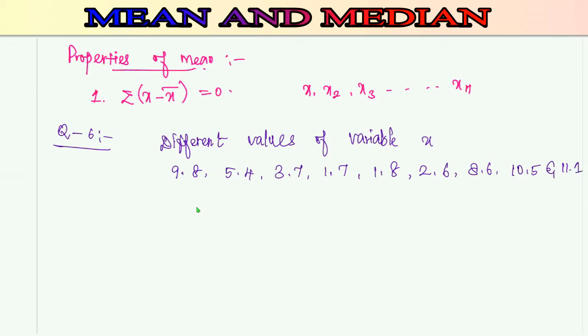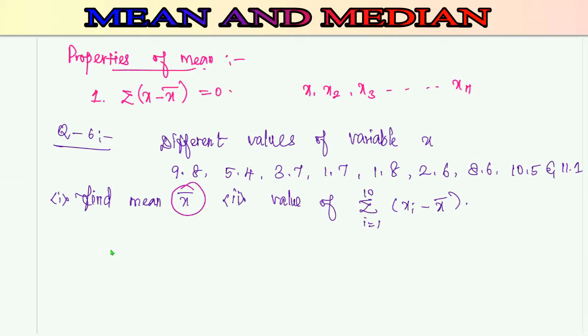So these are the given values. We need to find the mean x bar. Second, we need to find the value of sigma, i equal to 1 to 10, of xi minus x bar.